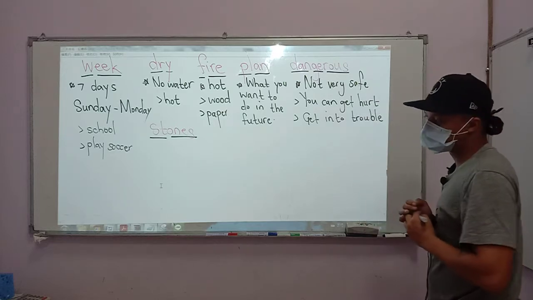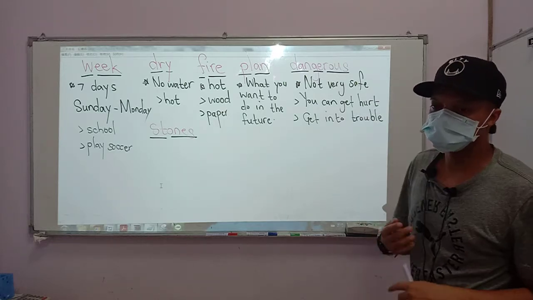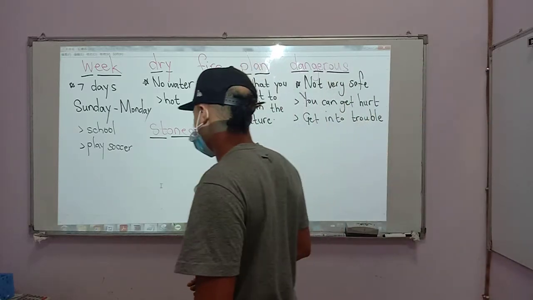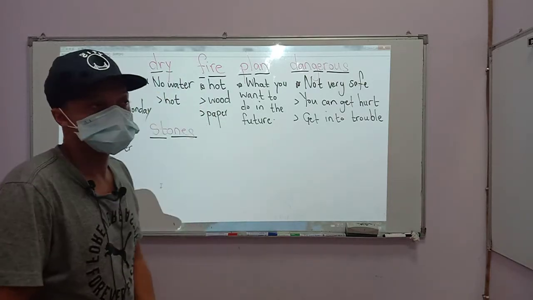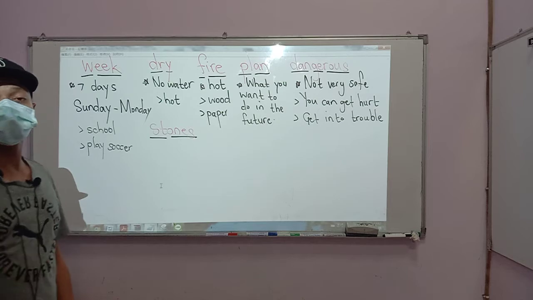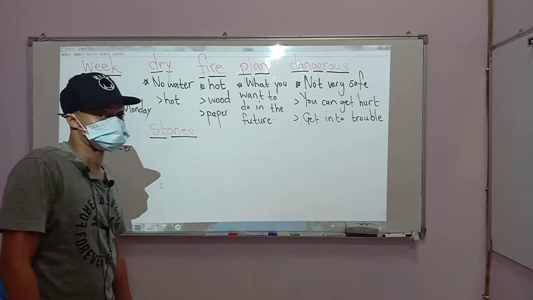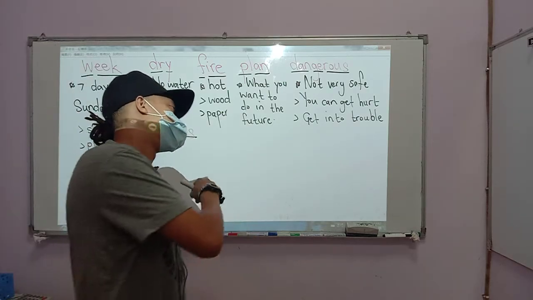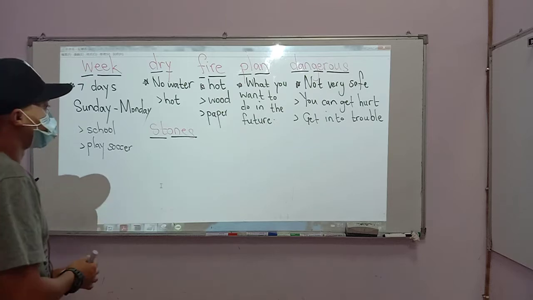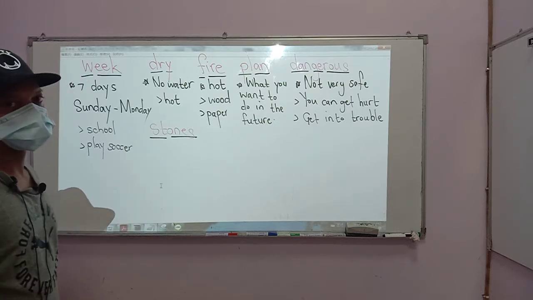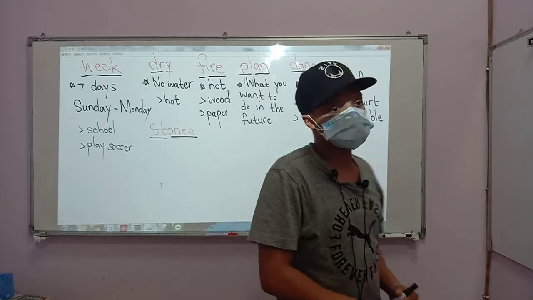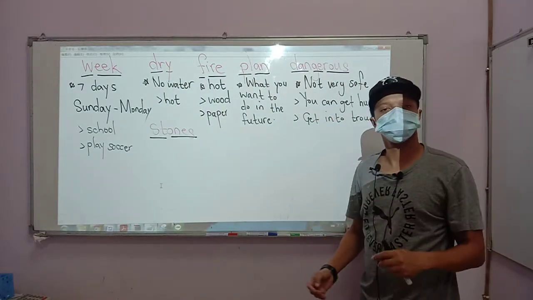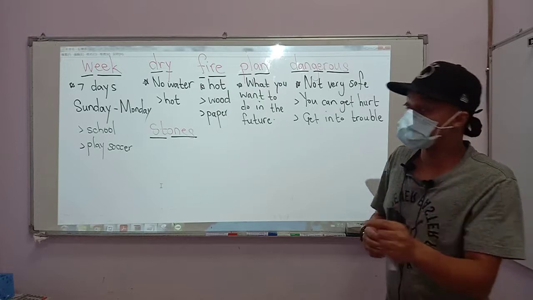So can you think of some things that are very dangerous to do? Maybe playing with fire is dangerous, or running in the street, that is very dangerous because a car can knock you over. All right, anything else? Maybe climbing on top of the house, right? Standing on the roof and dancing there, that might be a little bit dangerous.